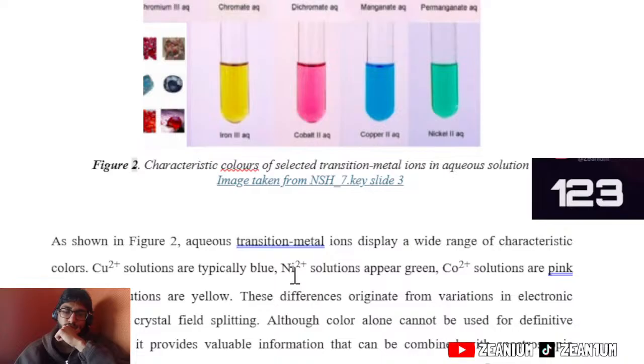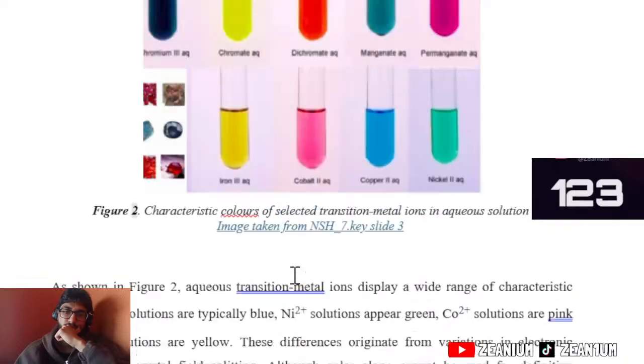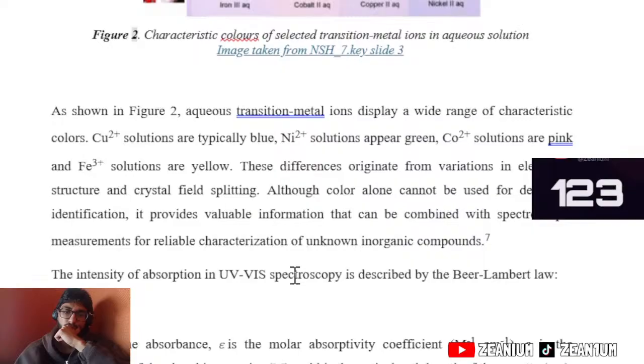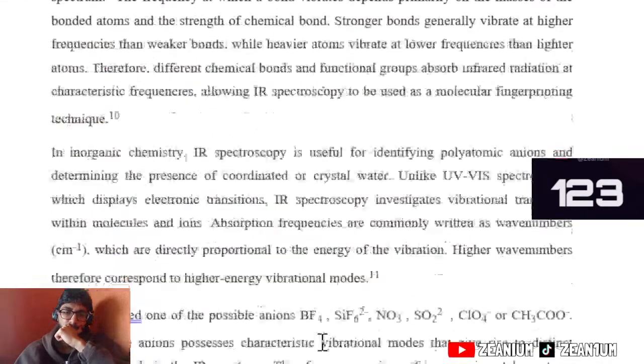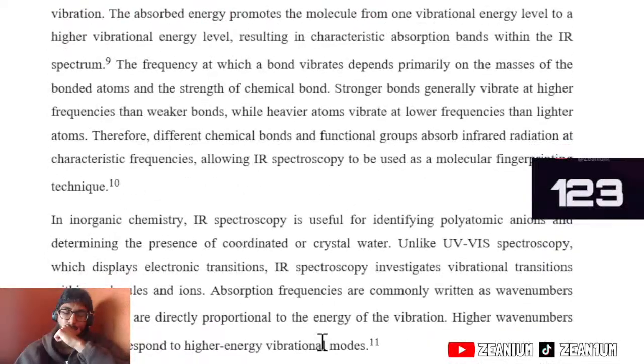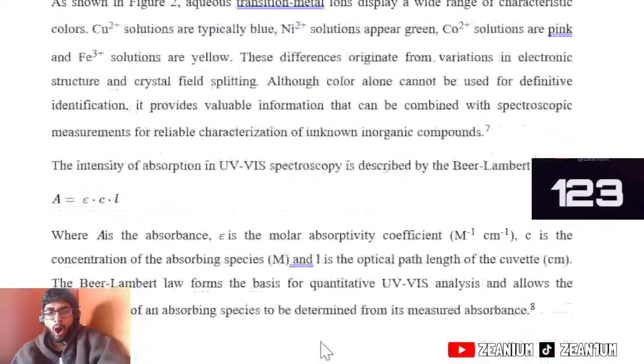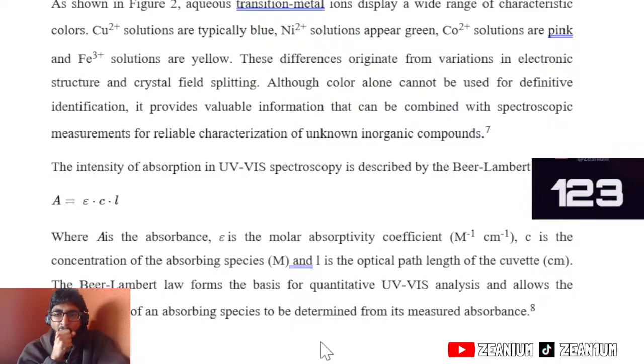Figure two. Solutions are yellow. These differences originate from variation in electronic structure and crystal field splitting.